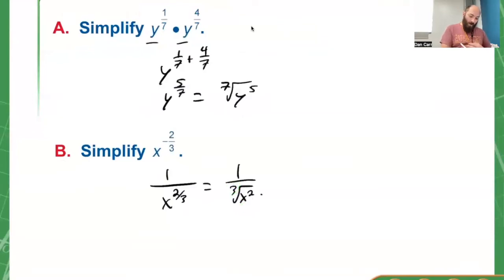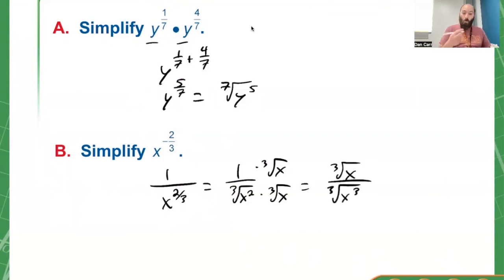So I'm going to multiply the numerator and the denominator by the cube root of x. Because what that does is the numerator will be 1 times the cube root of x, so it'll be the cube root of x, and underneath it'll be the cube root of x to the 3rd, which will just simplify to x. So we have the cube root of x over x.